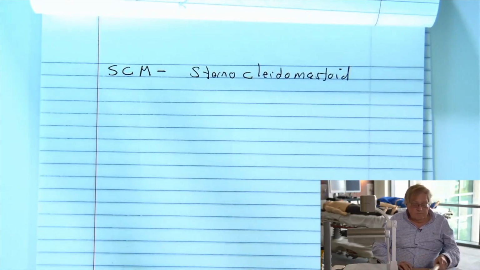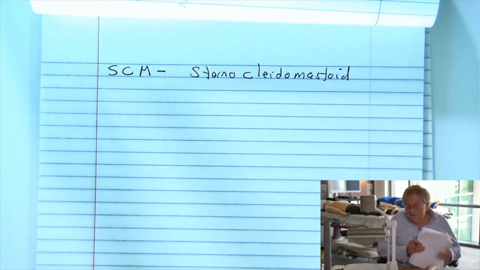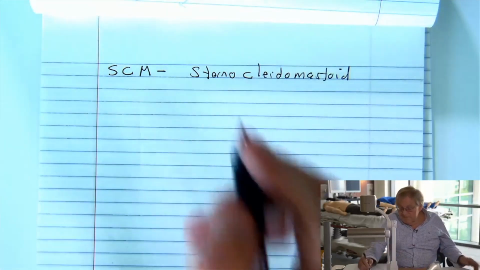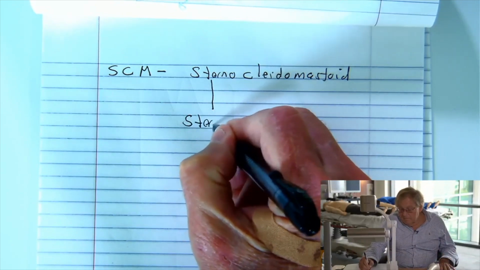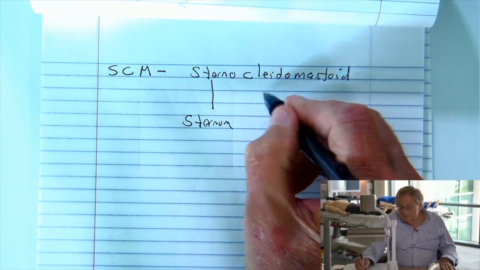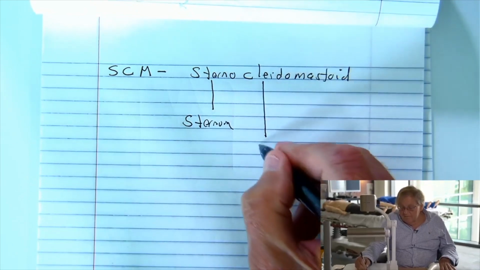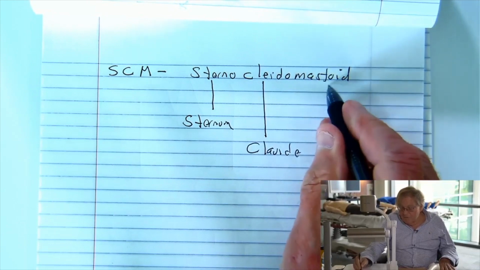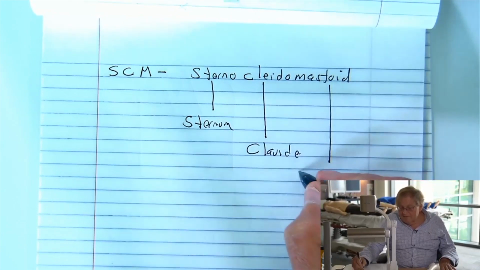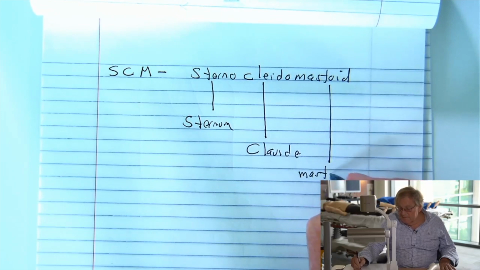And of course, since we've already covered bones, we know that the word sterno means sternum. So therefore, this is the sternum. Cleido is the Latin word for clavicle. Mastoid is going to be the mastoid process of the temporal bone.